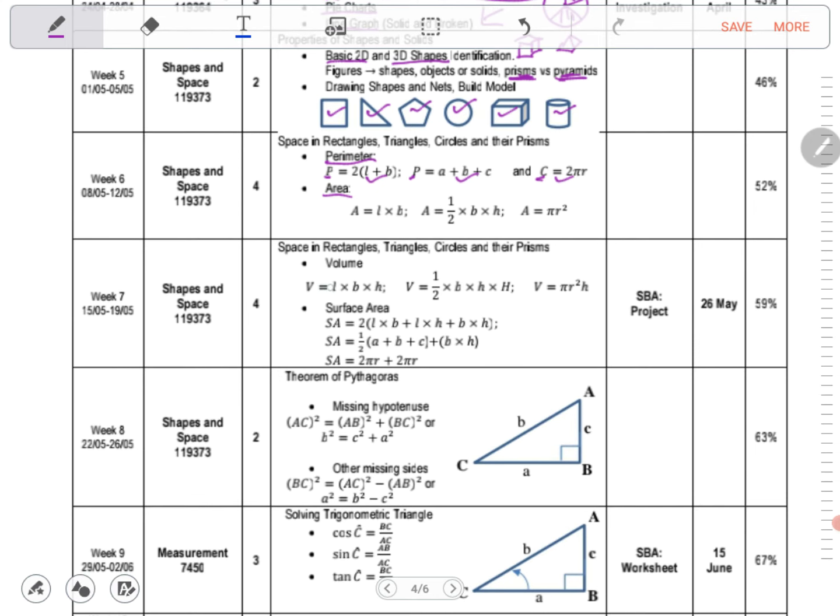And then we also deal with volume in terms of calculations of shapes and space, and we deal with surface area, where volume is the space inside the container.